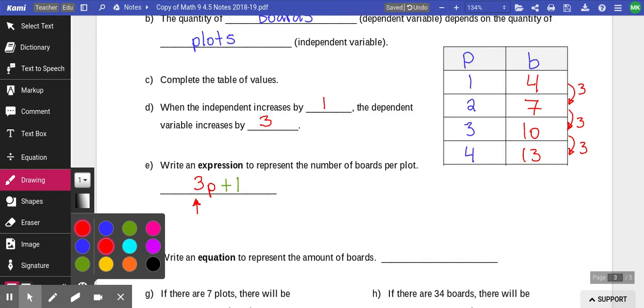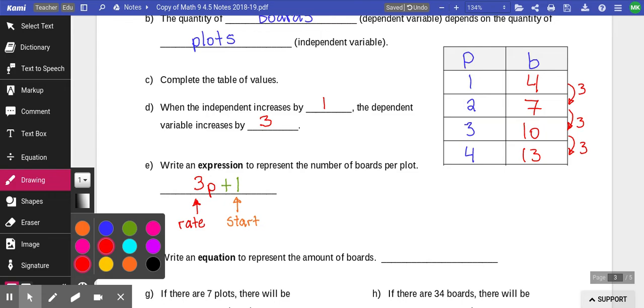But it doesn't start at 3, right? You started with 1 board and then put 3 around it. This is your start. Where this one is your rate of increase every time. Kind of like what we talked about yesterday.